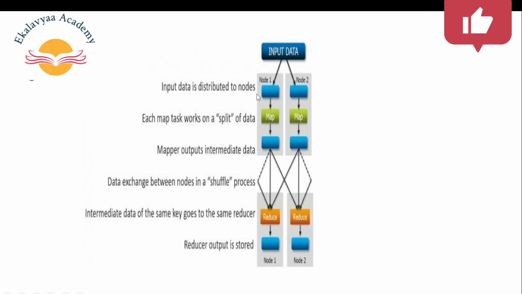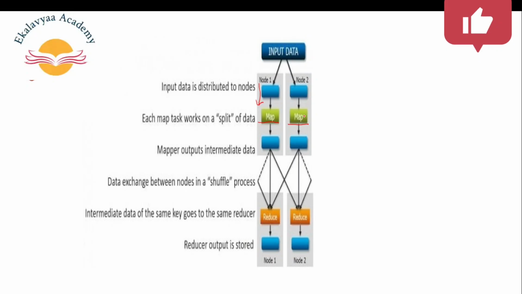Once the data has been distributed to the nodes, next the task will be carried out by the map task. So each map task works on a split of data. That is, whatever data has come from node 1 will be transferred to the number of maps in the cluster.